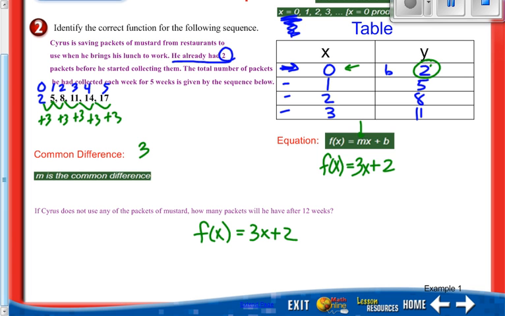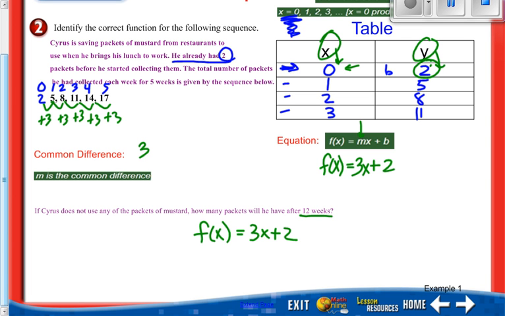As stated, it says if Cyrus does not use any of the packets of mustard, how many packets will he have after 12 weeks? I think above I was saying ketchup, I meant mustard, I guess. It's neither here nor there, but what we need to do is go ahead and figure out after 12 weeks. Well, if you look up here, x is talking the number of weeks.